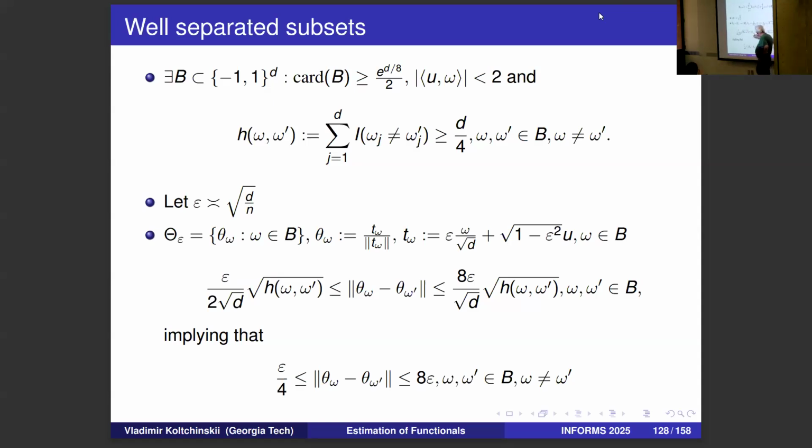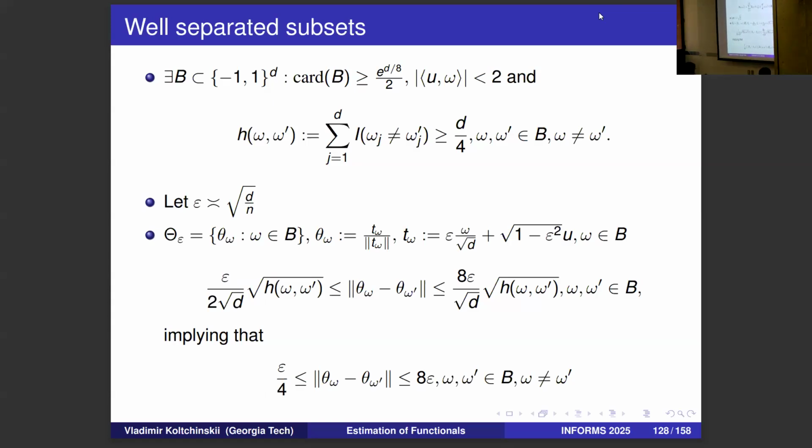And you can prove that for any two vectors with different omega and omega prime, the distance is closely related to the Hamming distance by this bound. It will be roughly epsilon divided by square root of d times square root of the Hamming distance. And from here, it will follow that the distance will be of the order epsilon between any two different vectors, okay? Euclidean distance, right? Usual Hilbert space distance.